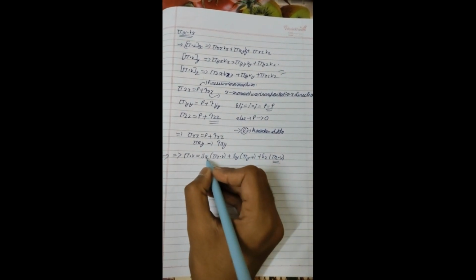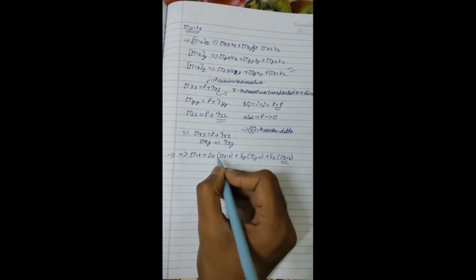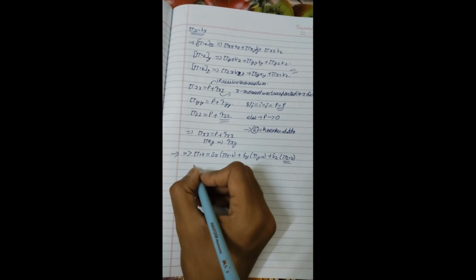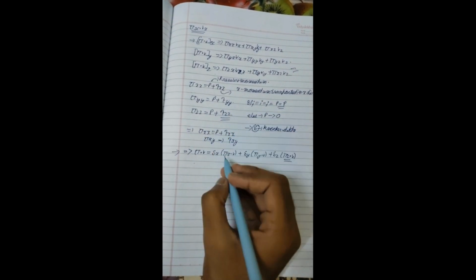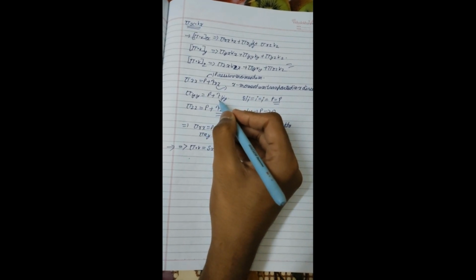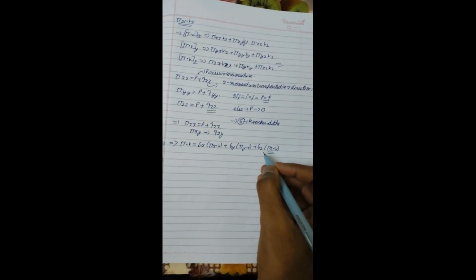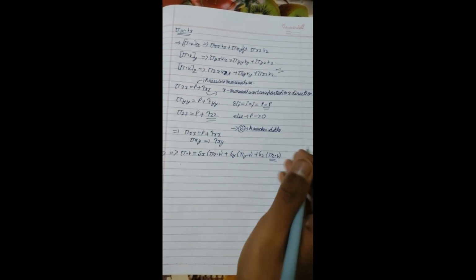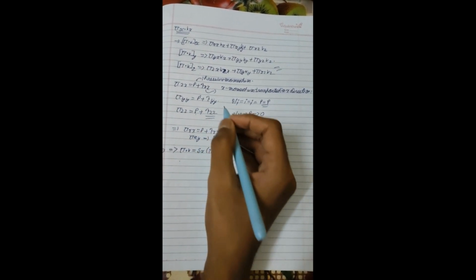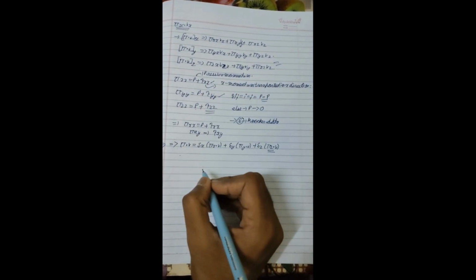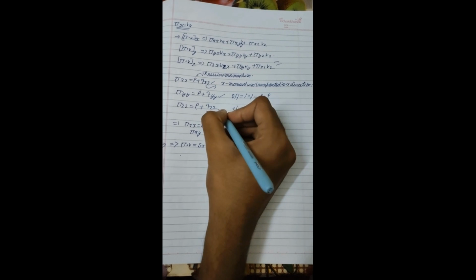Now whenever it is written delta x, you can write it as delta ij. Whenever there is a delta xx, it is going to involve a pressure term. Whenever there is delta yy, it is going to involve a pressure term in y direction. And whenever there is delta zz, that involves a pressure term in z direction. Else, all other things are just going to involve the shear stresses like tau xy, tau yx, and tau yz.